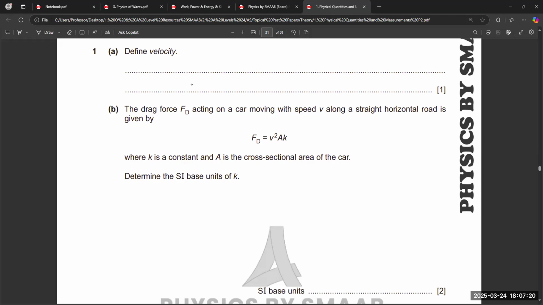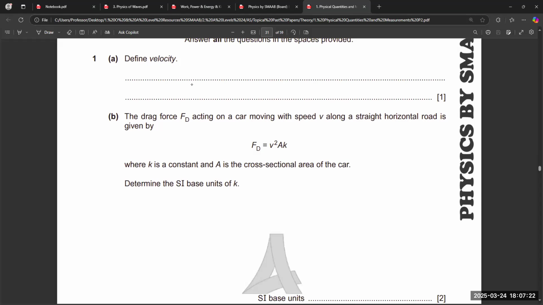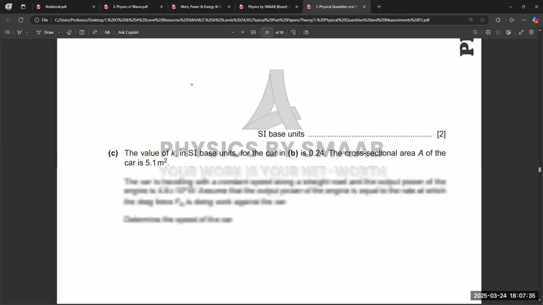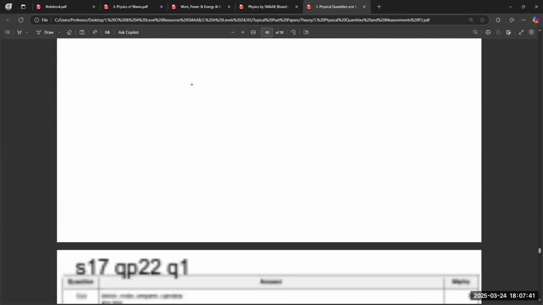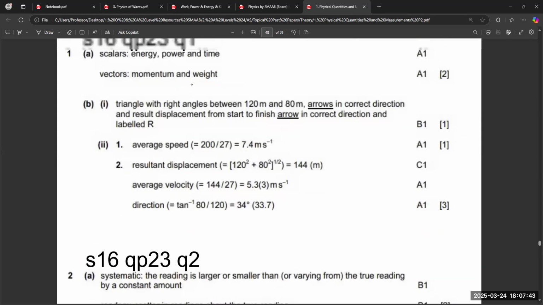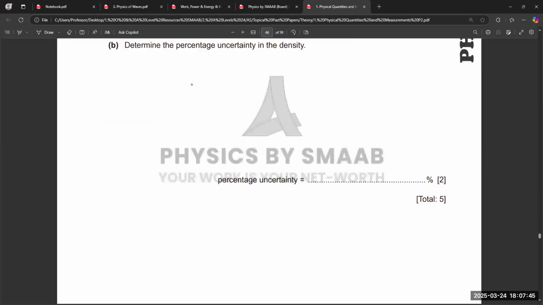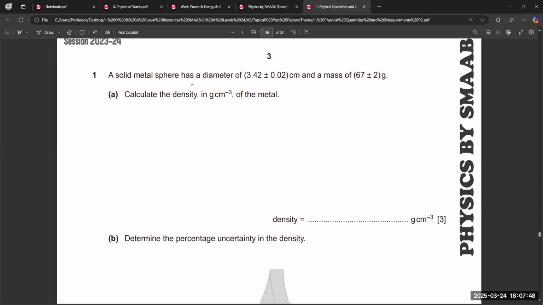Like this question. Most of the time we get this type of scenario in the question: find the SI unit of the unknown quantity given in the question. So not all the time do we get all the questions from uncertainty. Most of the time in the past papers we have questions related to SI unit type quantities. So let's suppose in this question we have the uncertainty part.